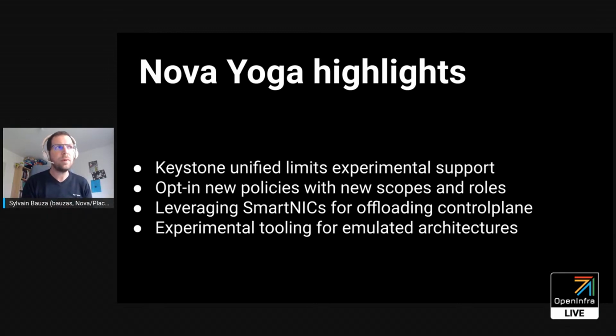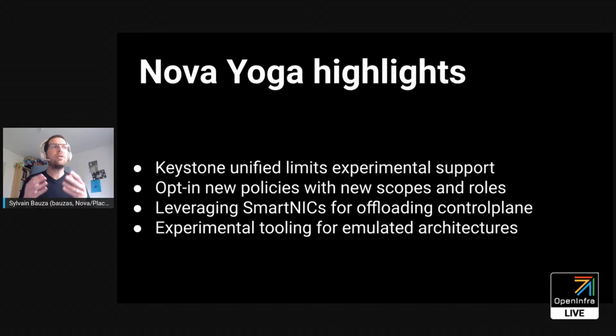And the last one. It was the first one, but I'm discussing it last: unified limits. It was a new Keystone feature. Now you can provide limits in Keystone, and then Nova will look at that. So now it's possible to use those unified limits. But for the moment, this is experimental.